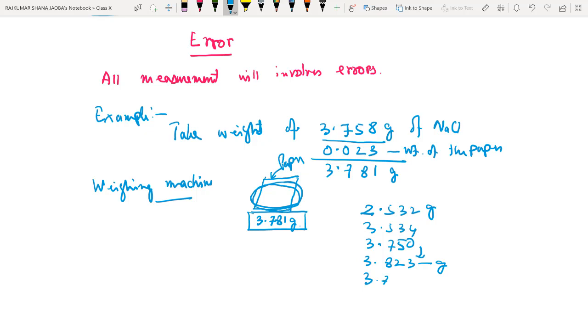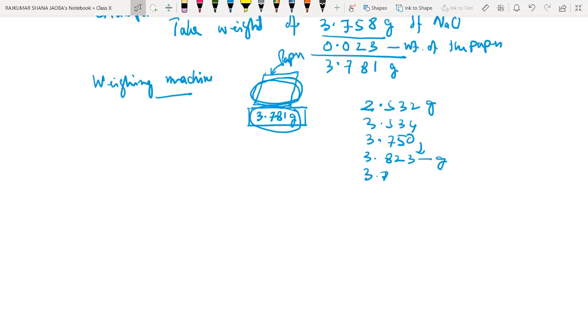I don't know, you cannot accurately measure the exact weight, except by mistake or luckily.